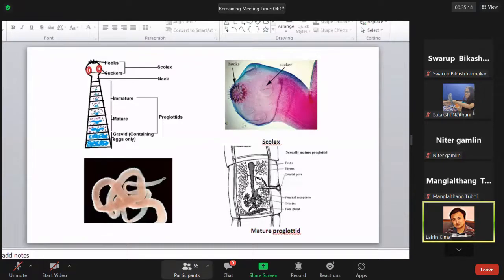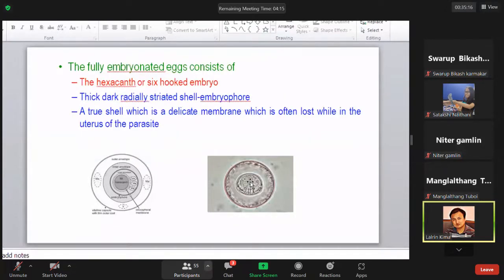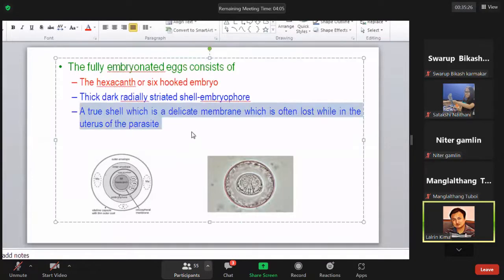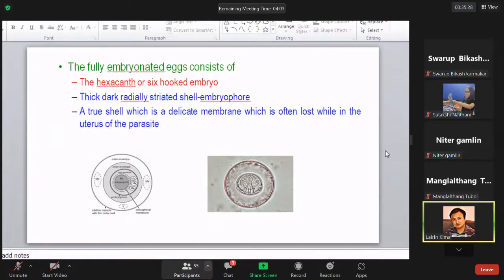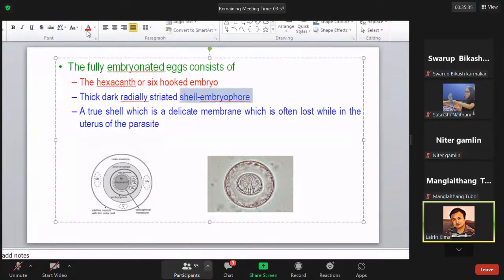So therefore, in the egg also you can see there is presence of hooks here. The egg is more or less round in structure. So the outermost covering is known as embryophore. This I'll ask in the exam.